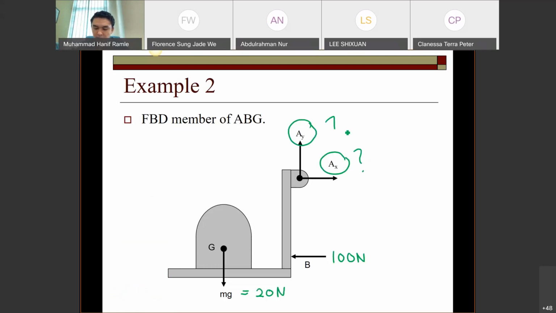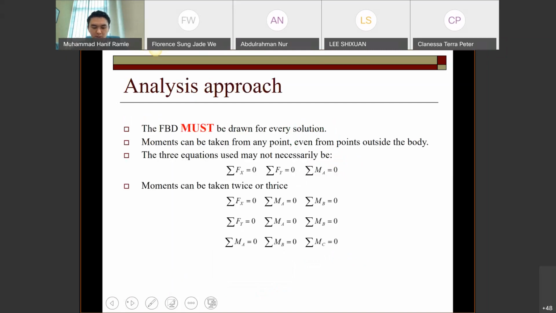Once you have the FBD, then you can solve the AY and AX based on this equilibrium system. So you have learned about the equilibrium system, which is summation of forces or summation of moment must be equal to 0, in which we follow the Newton first law.